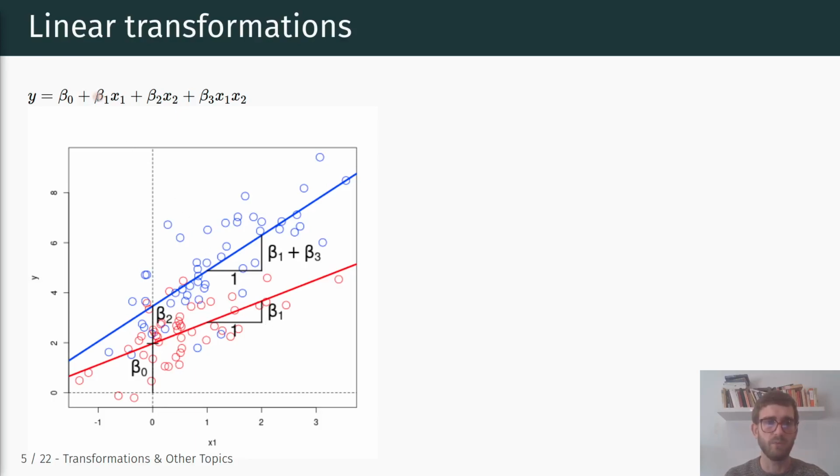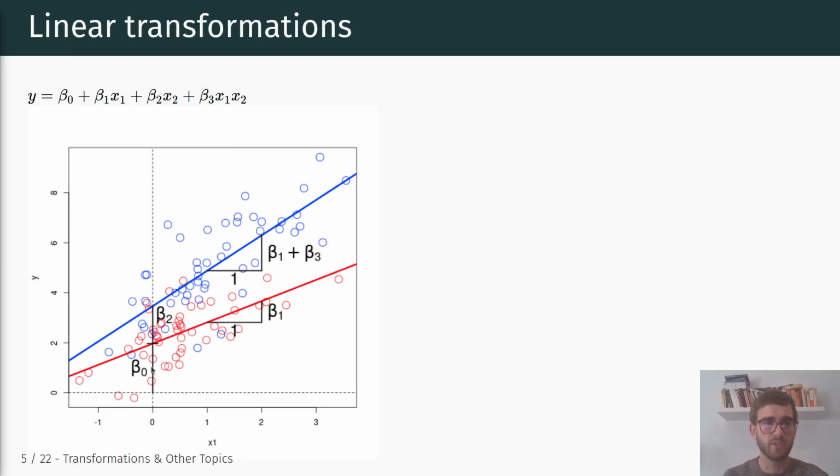So this is this beta 1 here, and taking into account the interaction term for observations where x2 is equal to 1, the slope changes due to the interaction effect, and the average difference in y comparing items that differ by 1 unit on x1 where x2 is equal to 1 is actually beta 1 plus beta 3, right? Because we have to add this interaction term, okay?